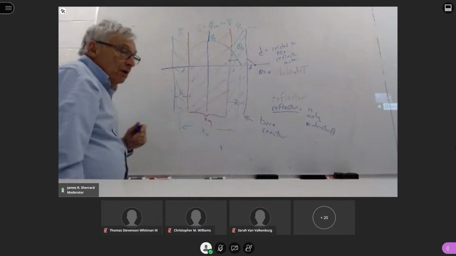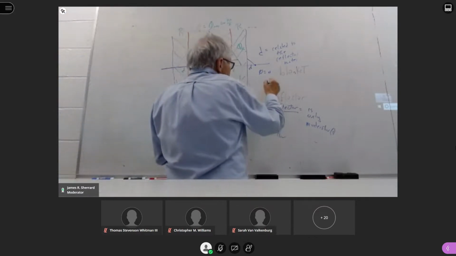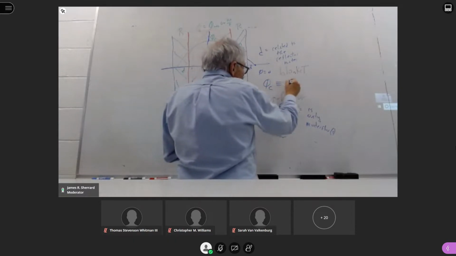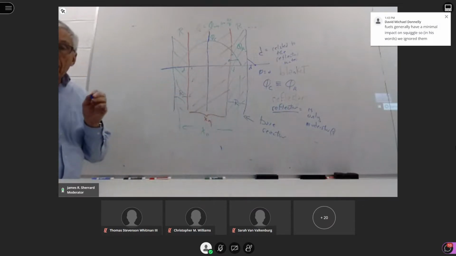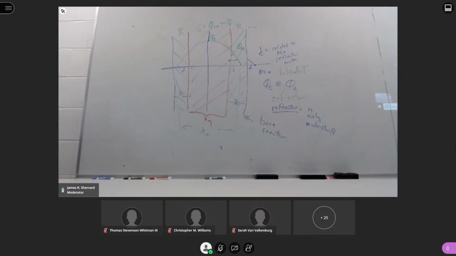You have a separate reflector flux. And you know that the core flux exactly equals the reflector flux where? Anybody want to guess?